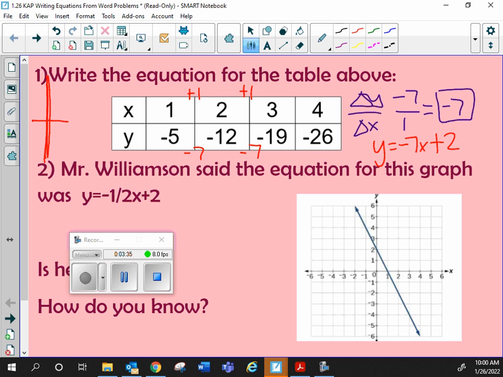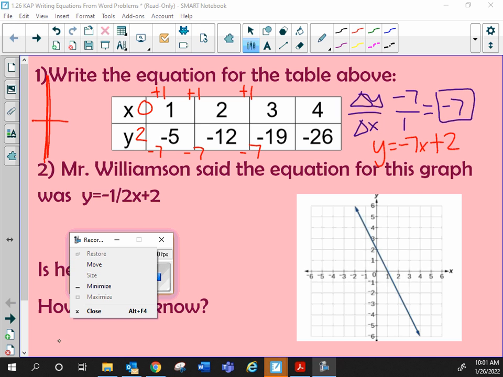That means my x value is 0. So if going by 1, I'm going to do the same thing. It would be -7. If I'm working backwards, I could think of it as adding 7, and that would give me a y value of 2. So it's another way to find that +2. Just a review of yesterday.